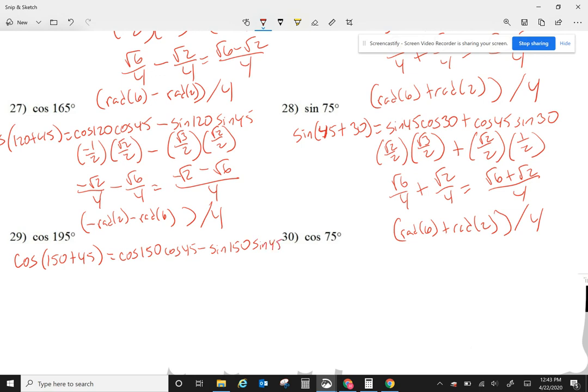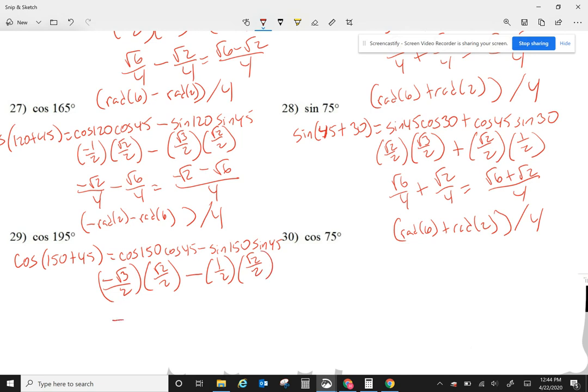According to a unit circle, cosine of 150 is negative radical 3 over 2. Cosine of 45 is radical 2 over 2. Sine of 150 is 1/2. Sine of 45 is radical 2 over 2.